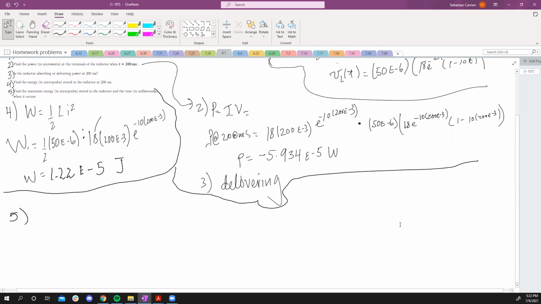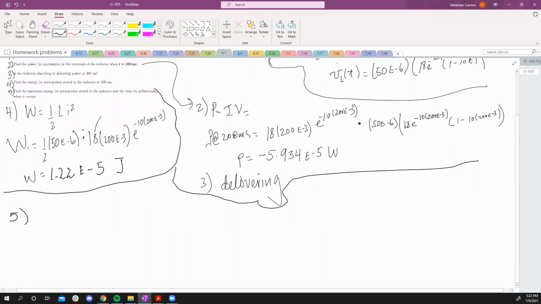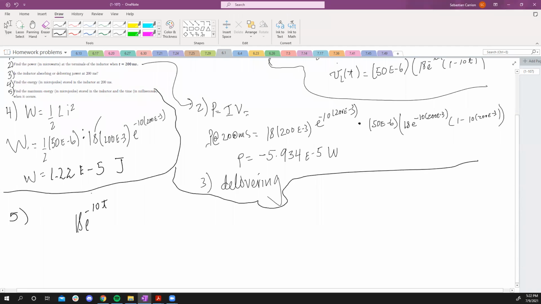So we got 18 e to negative 10t times 1 minus 10t equals 0. So we have 1 minus 10t equals 0.